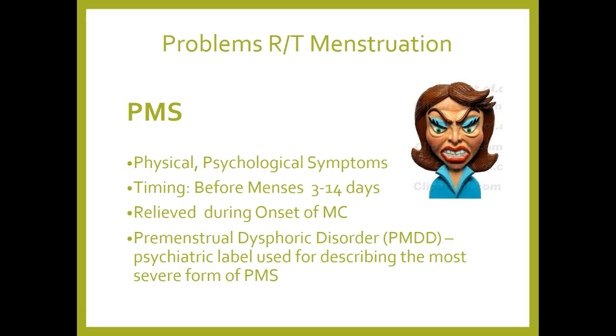And a really severe form of PMS is PMDD, or premenstrual dysphoric disorder. And this is actually the psychiatric label that's used for describing the most severe form of this problem. So the timing for this says before menses, 3 to 14 days before menses. That would be approximately day 15 to 28 of a 28-day cycle, just to give you a point of reference.